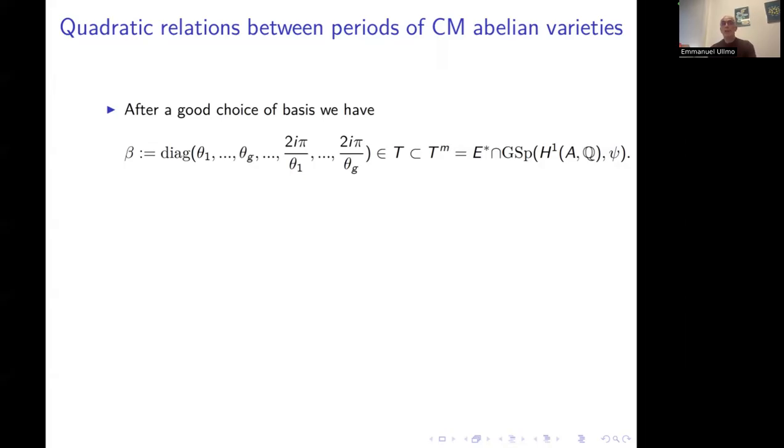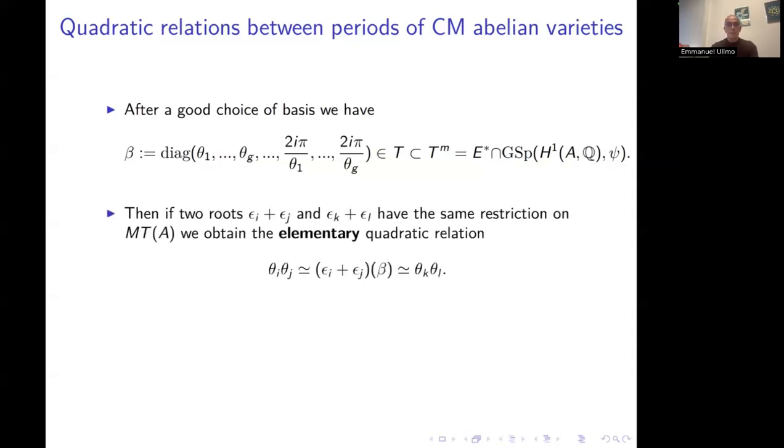This Mumford-Tate group is inside a maximal torus of GSp of H1(A, Q).